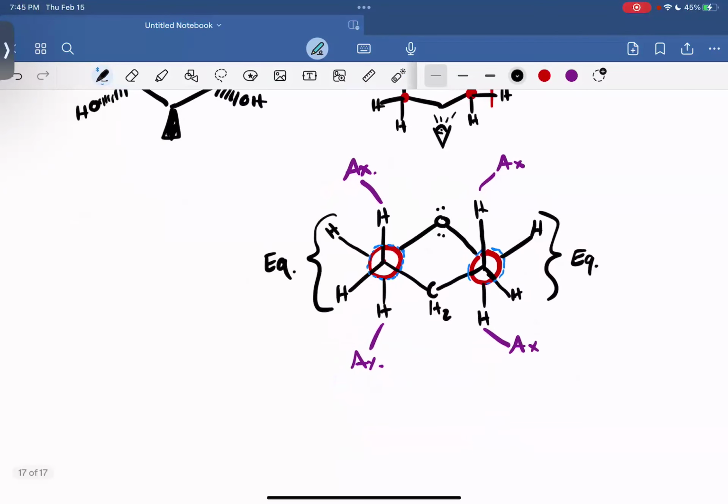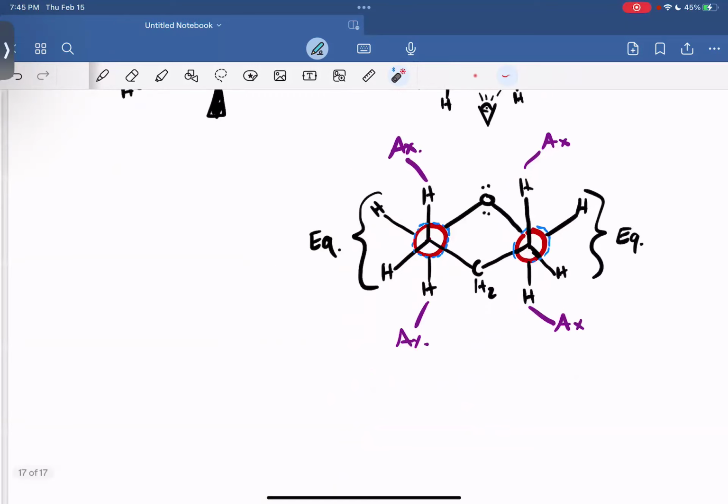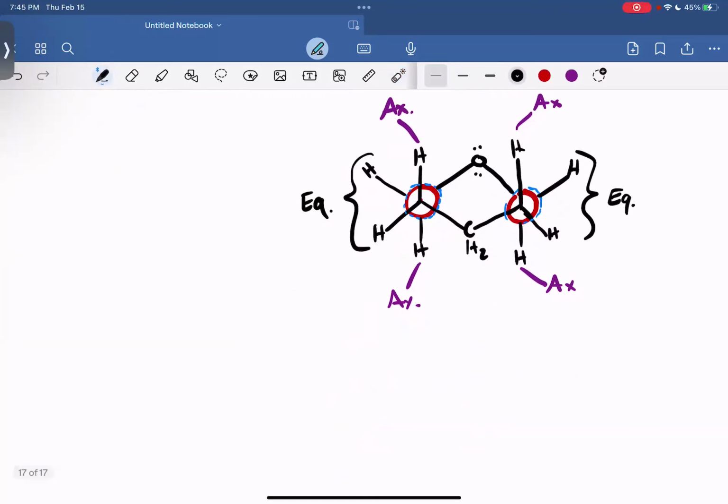Hopefully that makes sense to some people, but what it helps us see is, if we were to take this and rotate it so we can see the bond between the red and the blue carbon, we'd get something that looks like this. It looks like that.